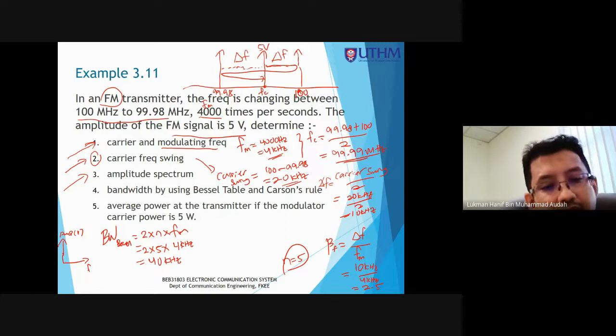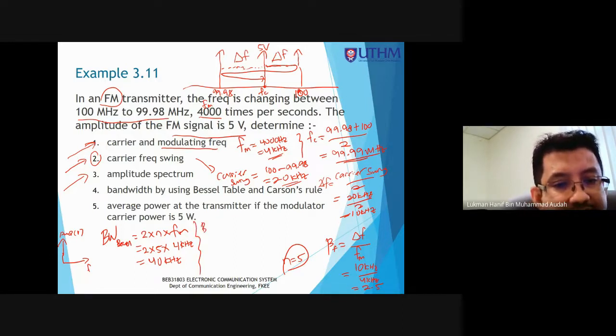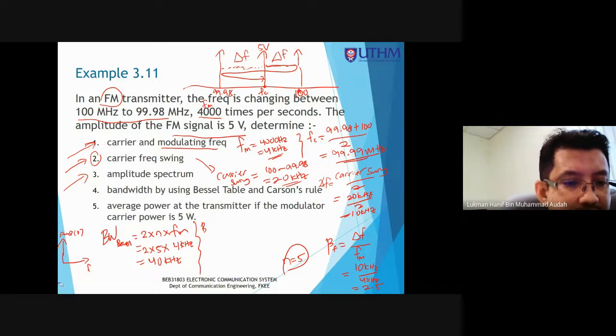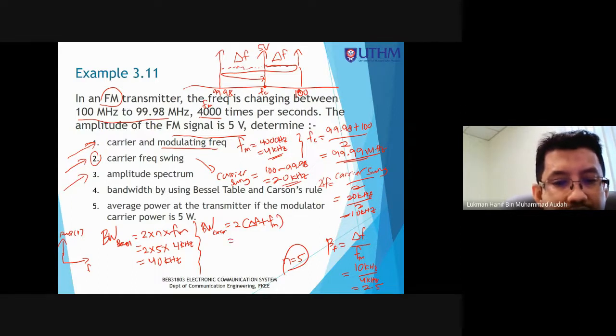Okay, bandwidth by Bessel. If you want to find bandwidth by Carson, kalau kita lihat, 2 times delta F plus Fm. So delta F is already known.